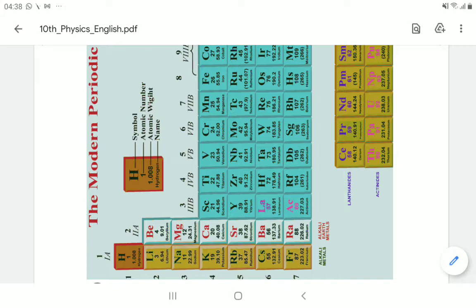Like that, according to which main shell the elements are present in, all the elements are placed in each period.